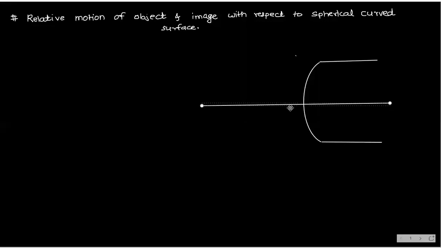This is the principal axis, and now object and image are moving.